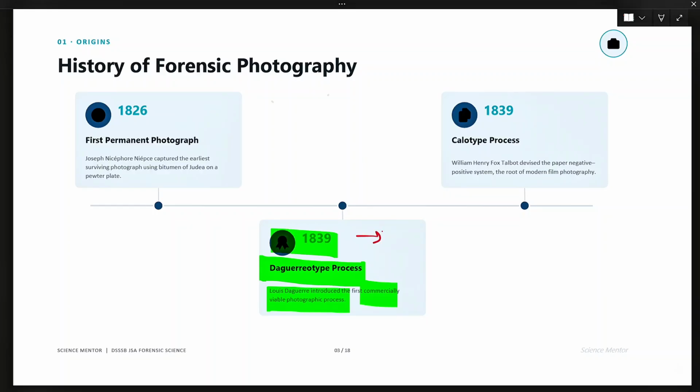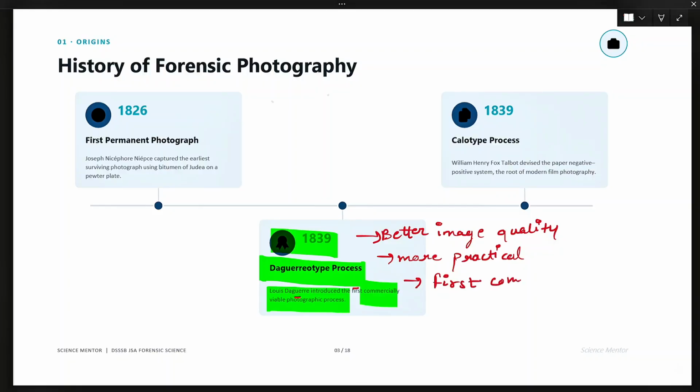Better image quality, more practical than earlier methods, and first commercially successful photography.